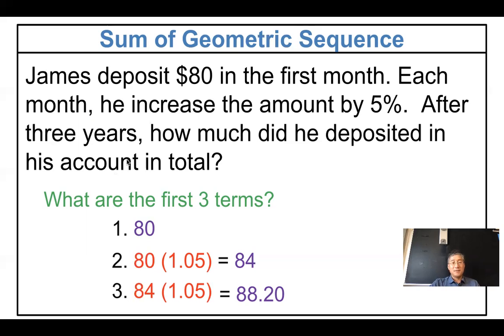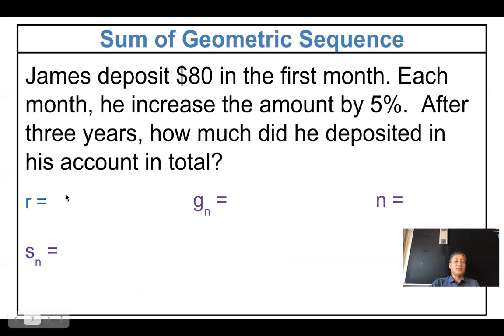So be careful, n is not 3. n is equal to what? 36. So r, we know 1 plus 0.05 is increasing, so it is 1.05. The explicit formula is g of n, first term times r to the n minus 1 power. n is not 3 years, it is 36 months because we go by month. This might be the biggest trap.